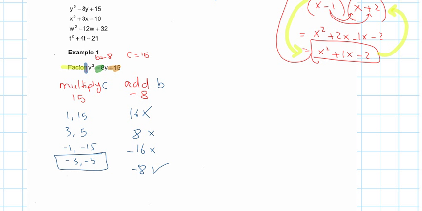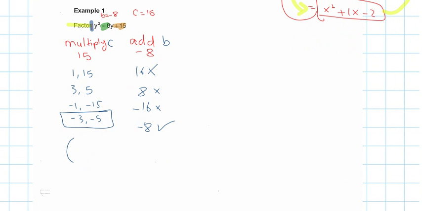Yes. So I found my factors. My factors are -3 and -5, all right? So all I have to do right now is put my brackets. And because the first term is a y squared, I'll have y in my first position. And then I put -3.